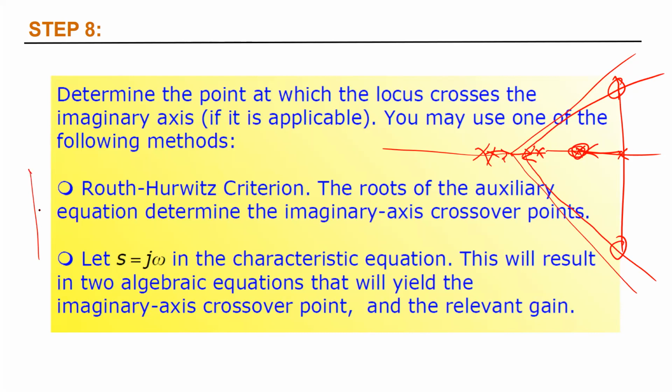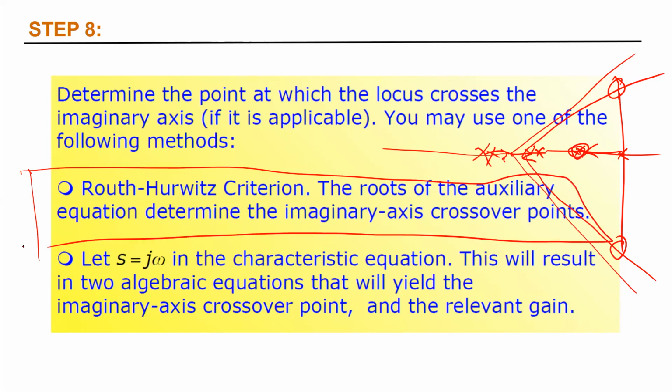Remember, we said in Routh-Hurwitz, in certain situations one of the rows will be full of zeros. We take the row before it and find the auxiliary equation from that row, and then we proceed.